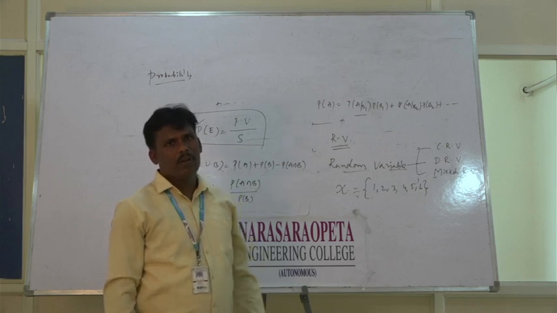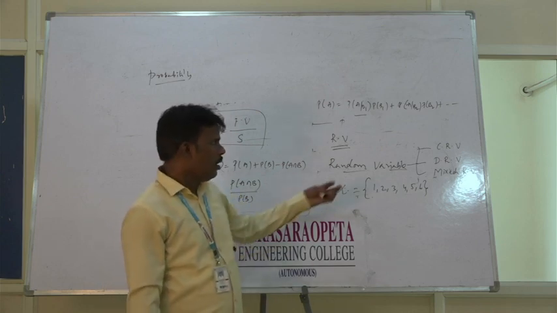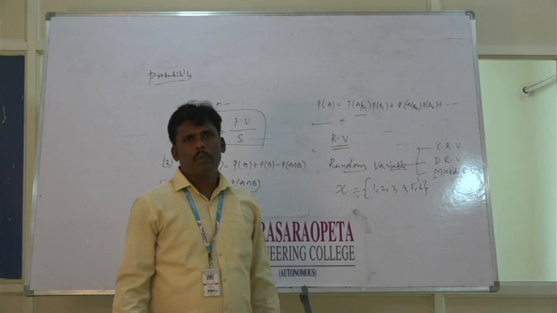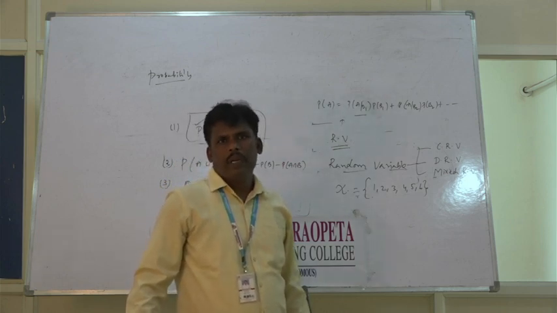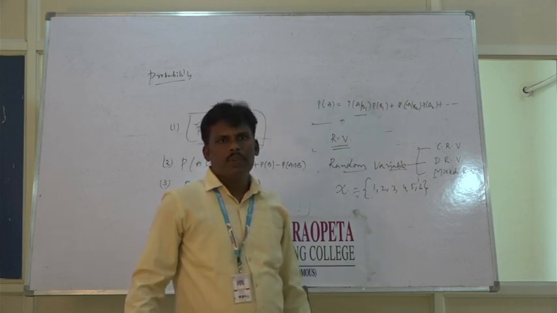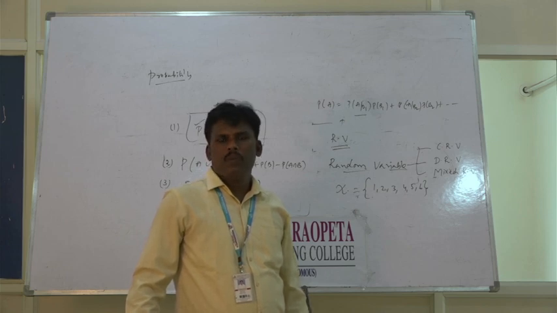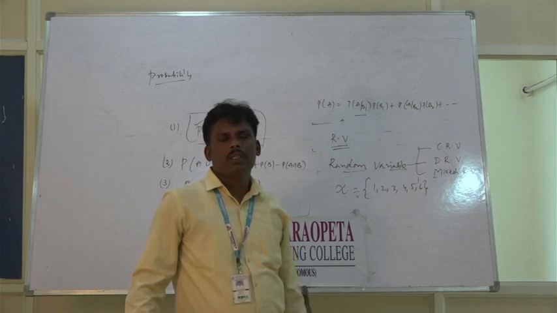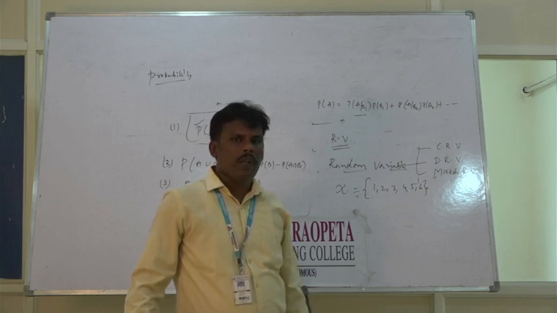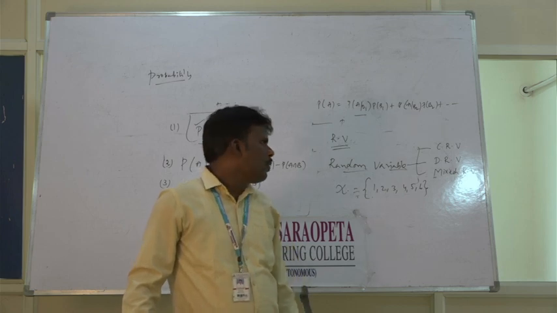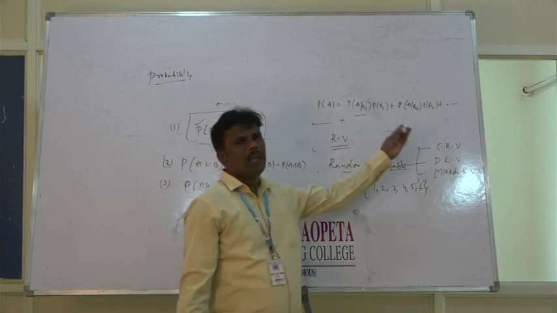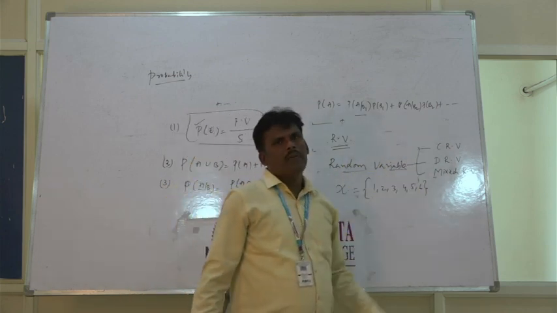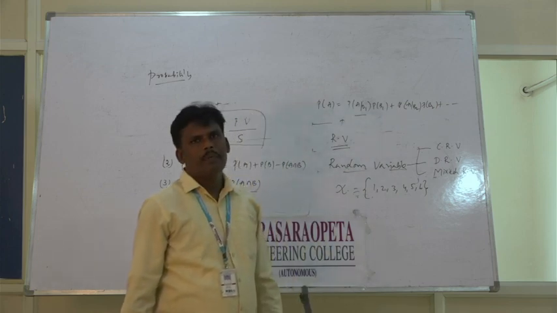Example: measurement of the height of students in a classroom. Height or weight are uncountable values, not exactly measurable. So when the experimental elements are real and uncountable, it is called a continuous random variable.